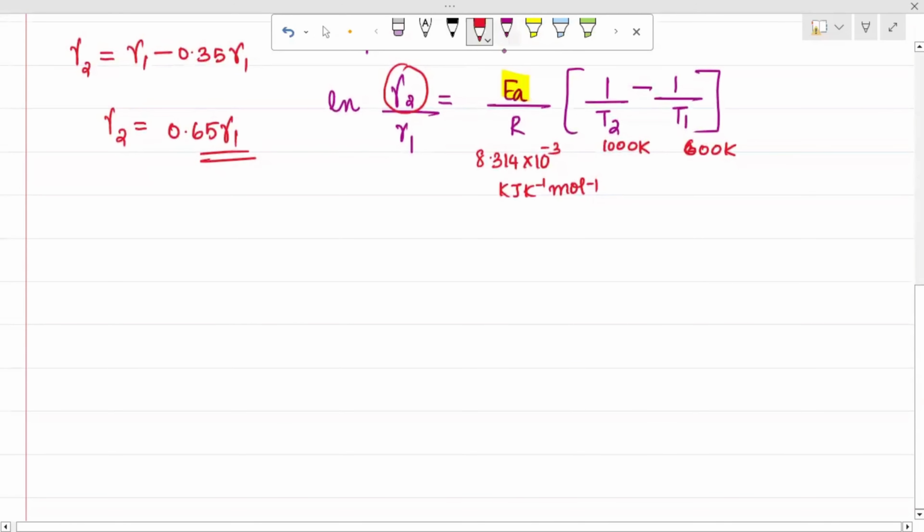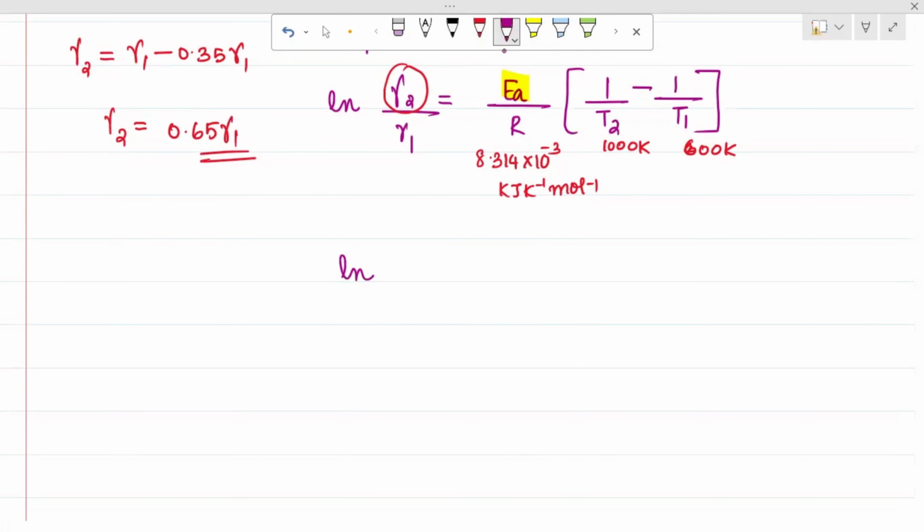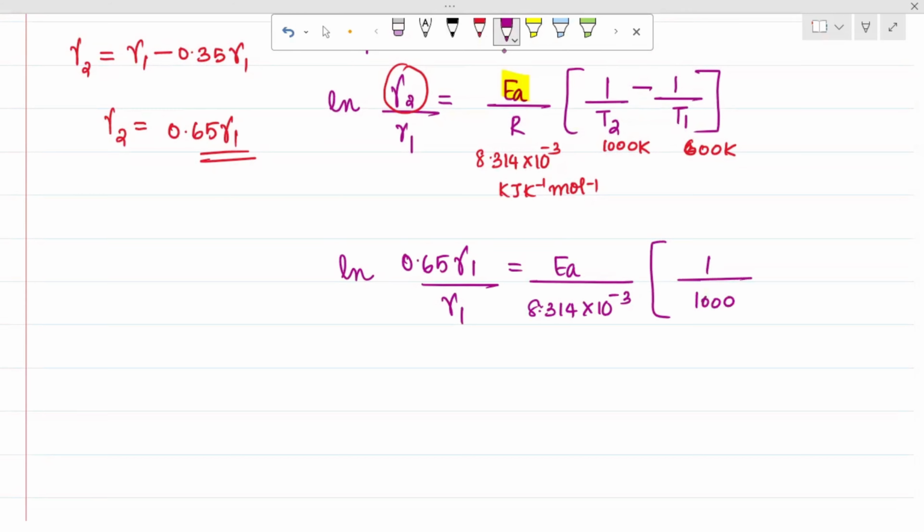What do we get? We get ln of 0.65 gamma 1 divided by gamma 1 is equal to EA by 8.314 into 10 to the power minus 3 into 1 by 1000 minus 1 by 600.